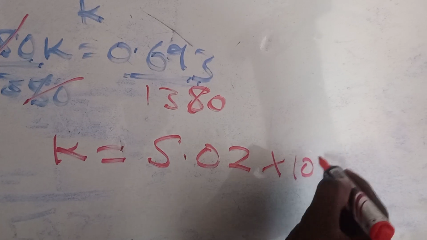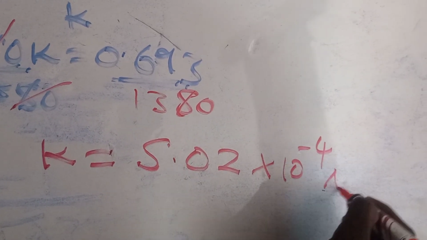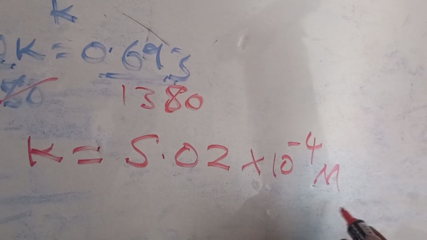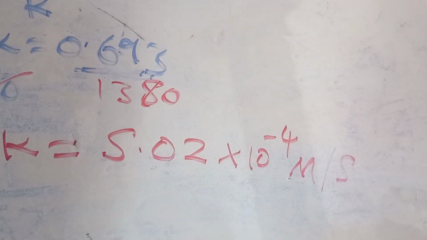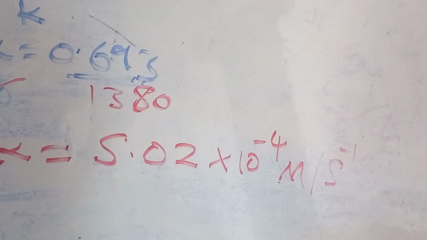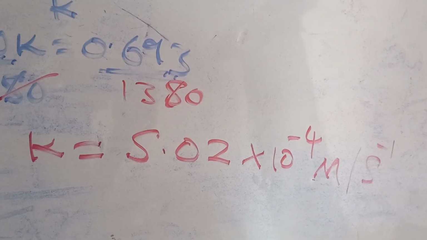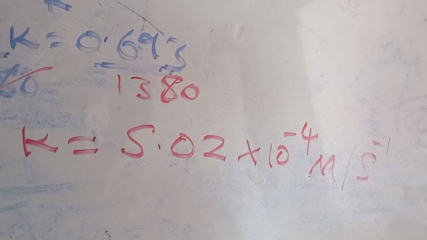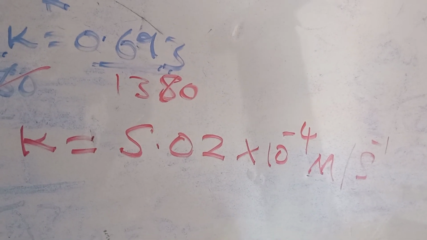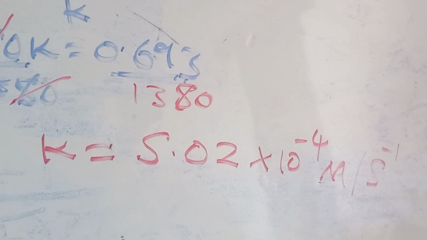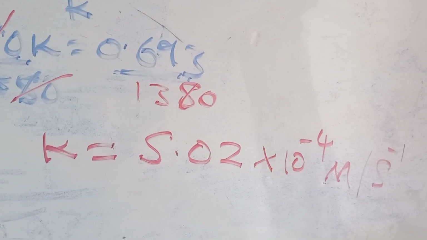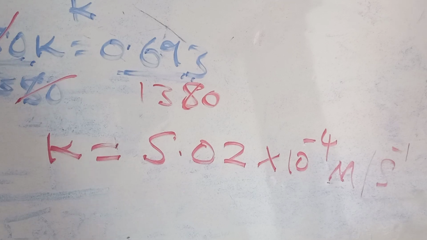The unit is per second, the reciprocal of seconds. So we have the rate constant in molar per second, or mole per liter per second. Those are the units of the rate constant we have found in this case. So this marks the end of finding the value of K.